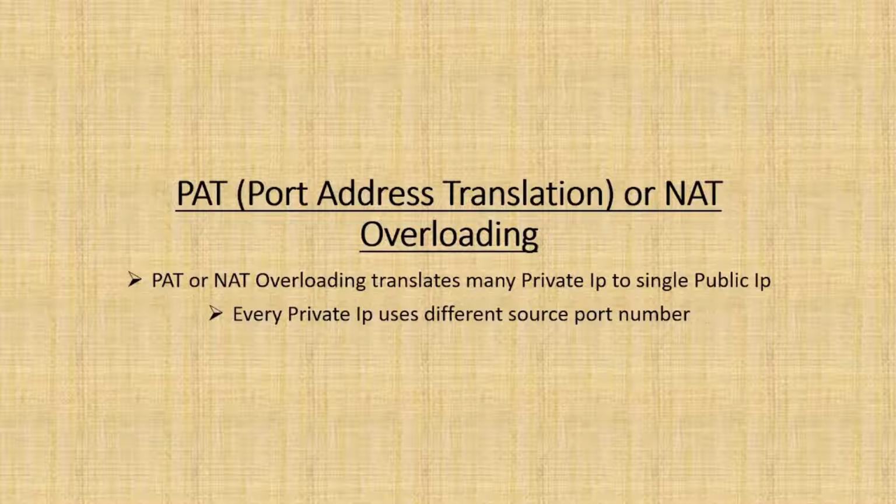So if you have only one public IP for your router and you have many PCs with many private IPs, you can use PAT or NAT overloading, and every private IP uses a different source port number in order to avoid IP address conflict. It is known as overloading because you are actually loading more onto the router. If you have only one public IP, you are giving it the load of lots of private IPs.